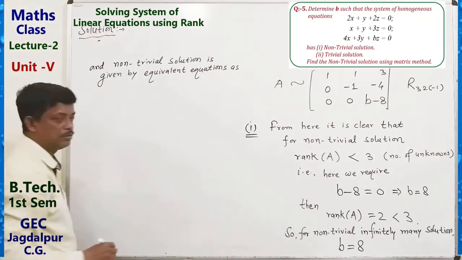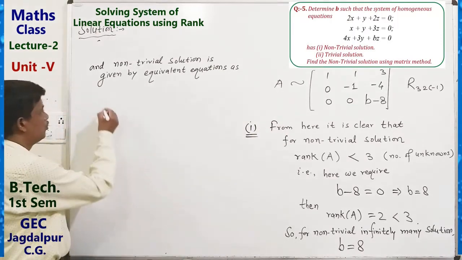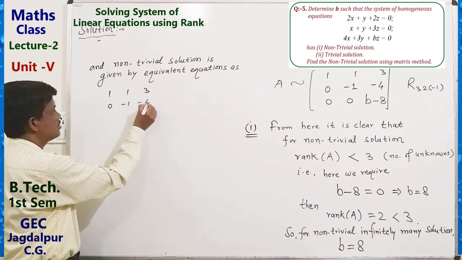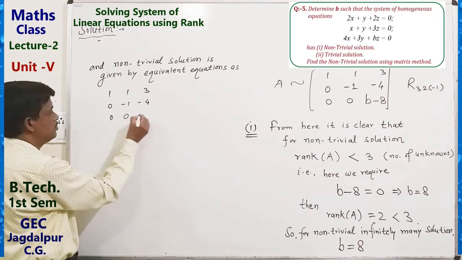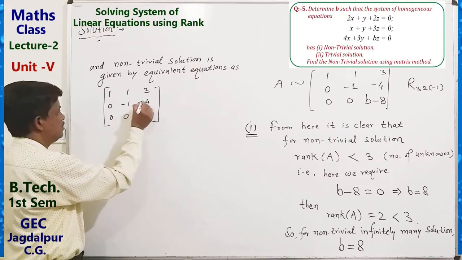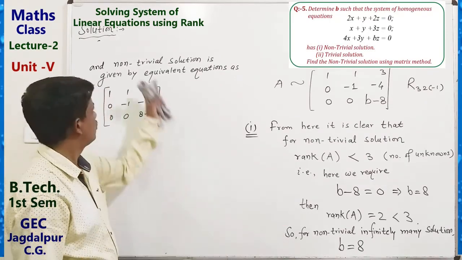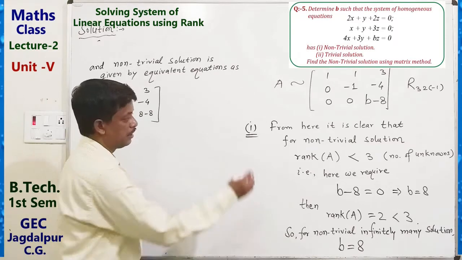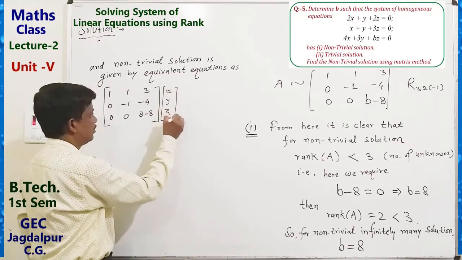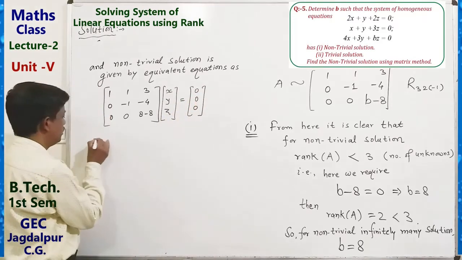Equivalent equations can be written from here: 1, 1, 3, 0, minus 1, minus 4, 0, 0, 8 minus 8. Because in place of B we have to use B equals to 8 for the non-trivial solution. Here the number of unknowns is 3 and the right side is 0, so we can solve it.